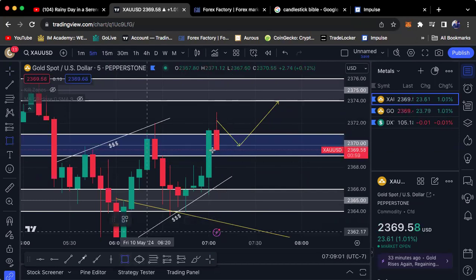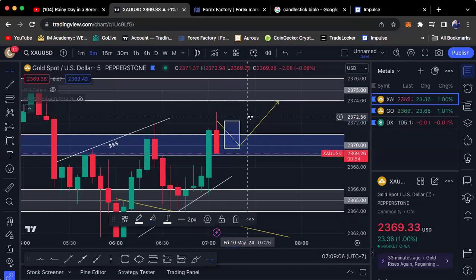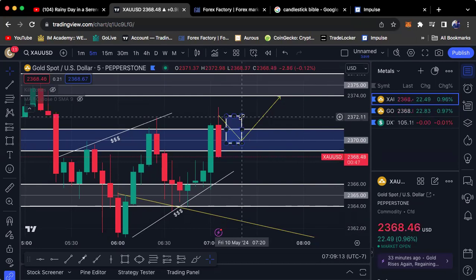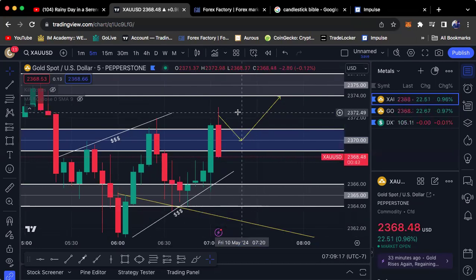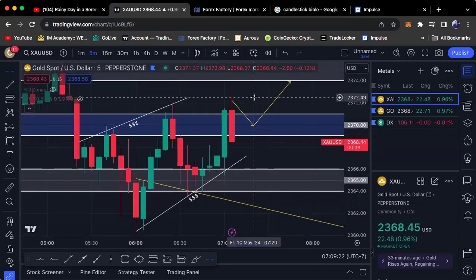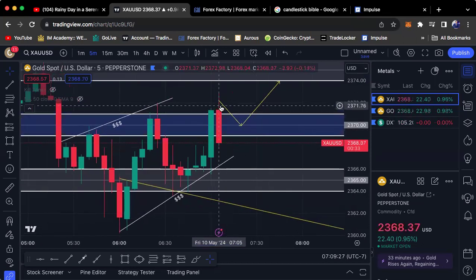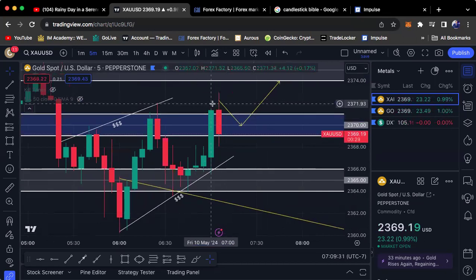I'm going to wait for my bullish candle to form. But it seems like that's not happening. Let's see, we have 30 seconds left on this 5-minute candle.